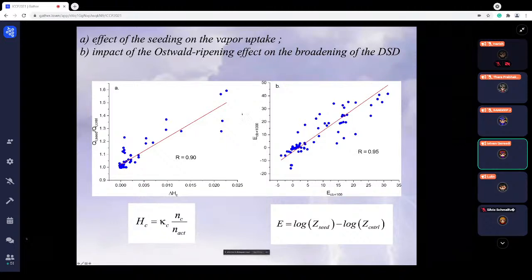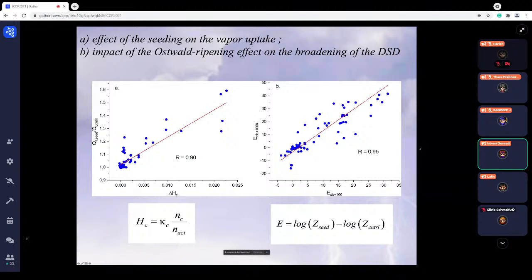The horizontal scale shows how the H parameter changed due to the seeding, and you can see how it impacts the amount of condensed water. We found a strong relation between the increase of the H parameter and the amount of condensed water.